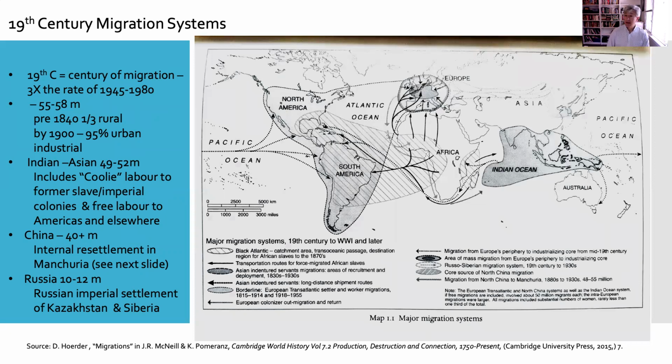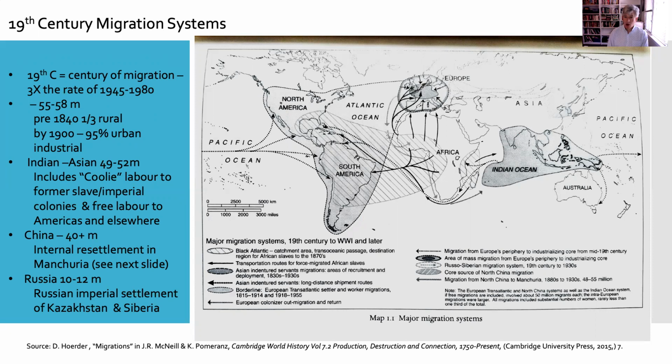Now, again, many of them move to rural areas. Again, this is the settlement of the Canadian West and the American West, but also, even in China, internal migrations expanding the Qing dynasty, or again, Russia stepping out into places like Kazakhstan and Siberia. By the turn of the 20th century, most of that was then urban and industrial, coming to feed the factories and the cities to build the modern economies of the modern world.